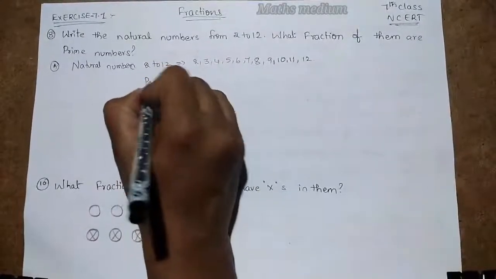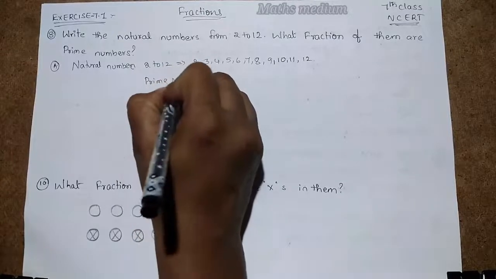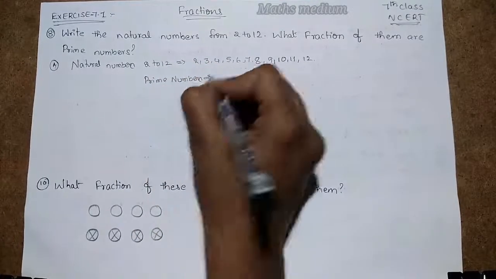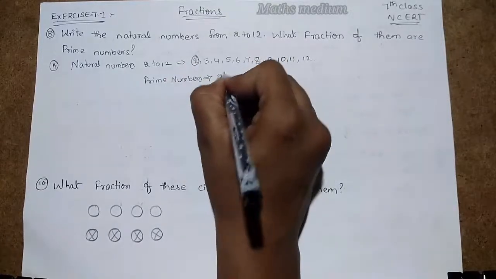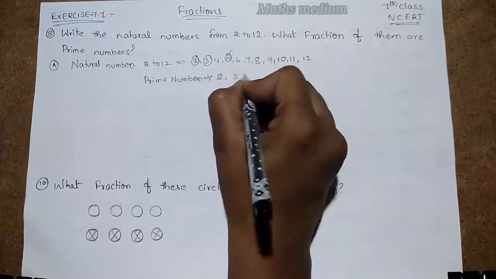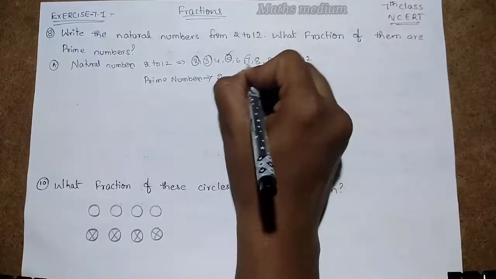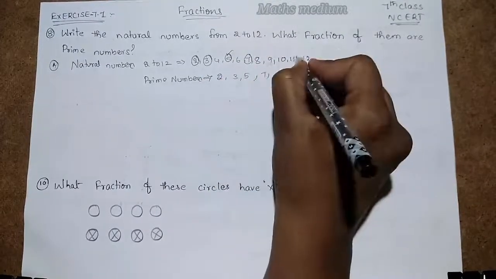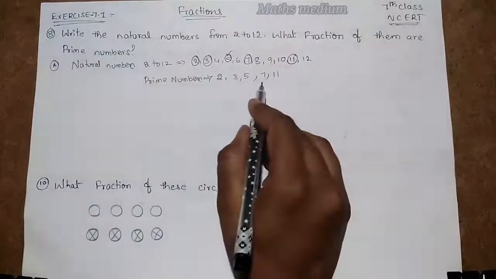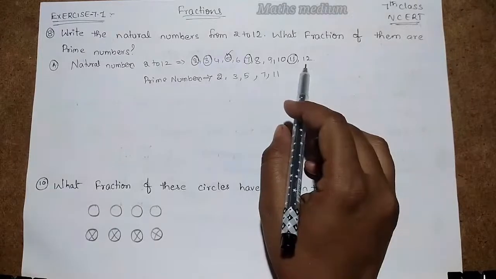We have to write the prime numbers also here. So prime numbers equal to 2 and 3, 5, 7 and 11. These 5 are prime numbers in this given natural numbers list.